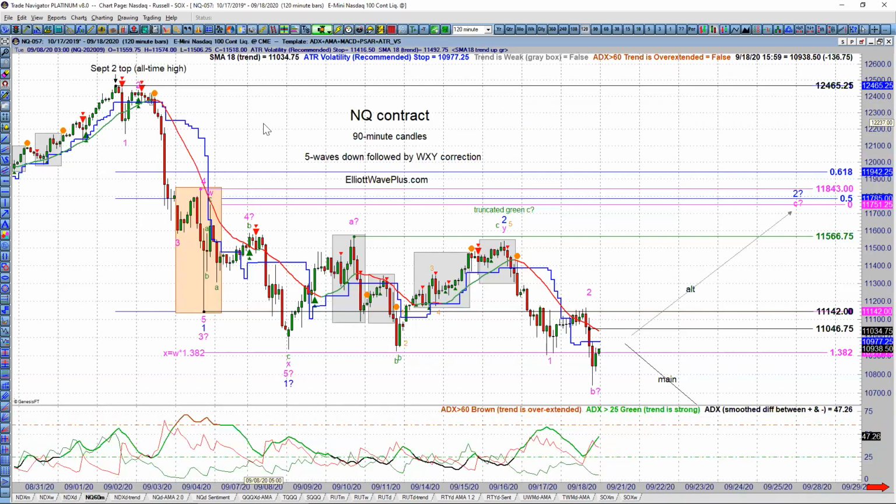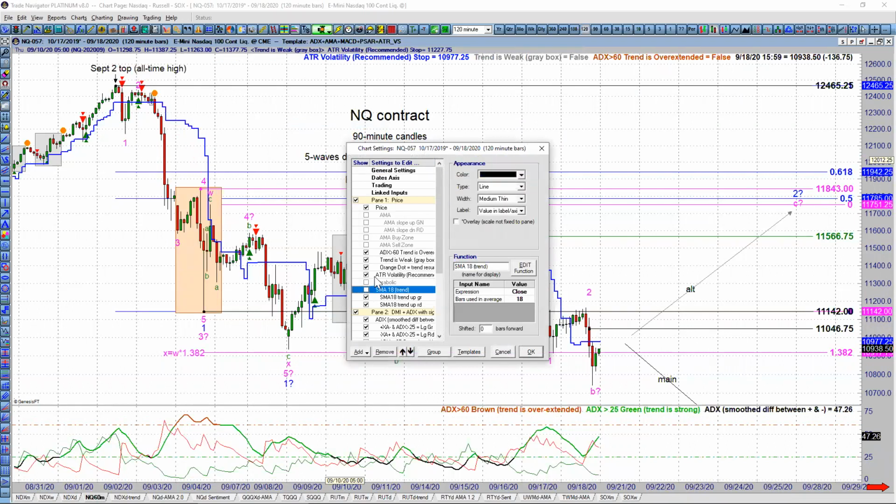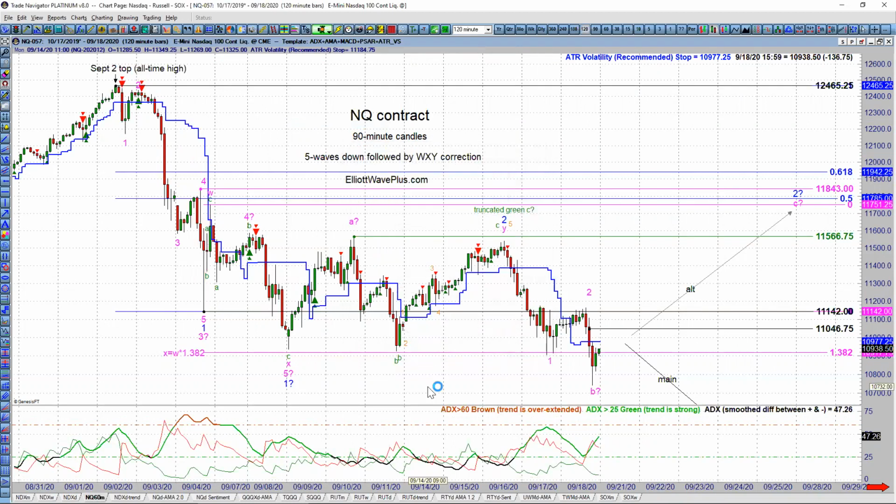So on an NQ contract, here's the count there, and just to make it easier to see, I'm going to take off some of these things. One, two, three, four, five.